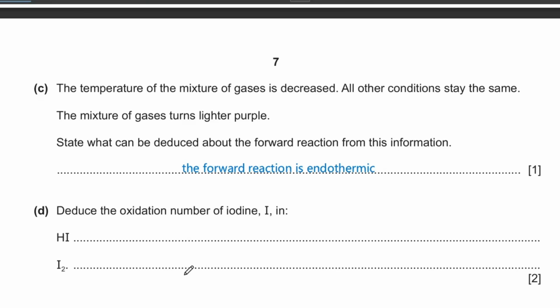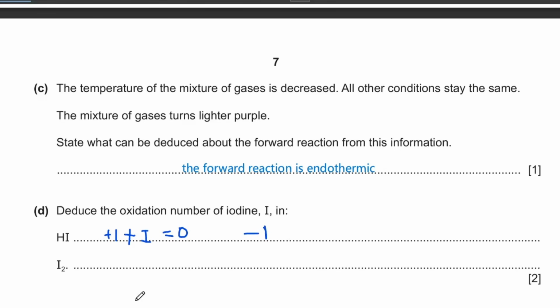And the oxidation number of hydrogen is plus 1, obviously because the valency of hydrogen is 1. So since hydrogen is plus 1, plus our iodine, that is what we are looking for, will be equal to 0. What we'll do is to make I the subject of the formula. So plus 1 will come to this side, it becomes minus 1. So therefore, the oxidation number of iodine is minus 1.